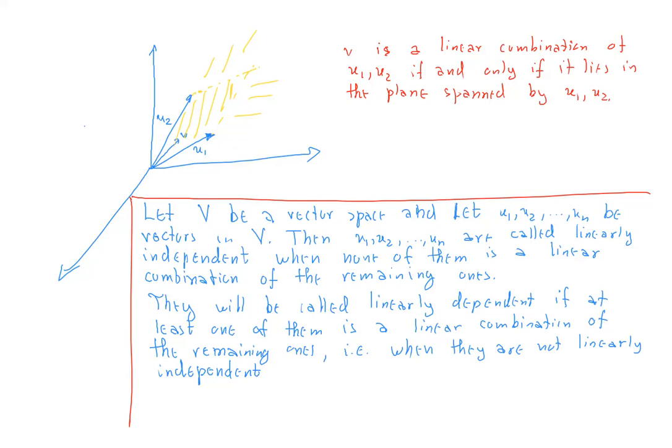Okay. So let's give some examples. Let's work with the simplest vector space that we can, R2. Let me give you two vectors that are linearly independent. So in R2, the vectors (1, 0) and (0, 1) are linearly independent.